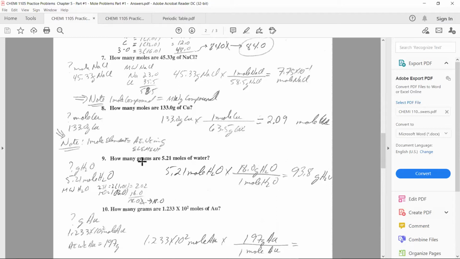Anyways, back to chemistry. How many grams are 5.21 moles of water? I'm going to assume for test 2, 3, 4, and the final, you all know water is H2O. Remember, water, that stuff is H2O.